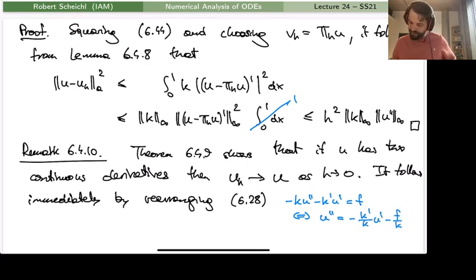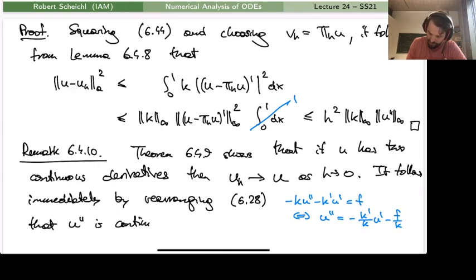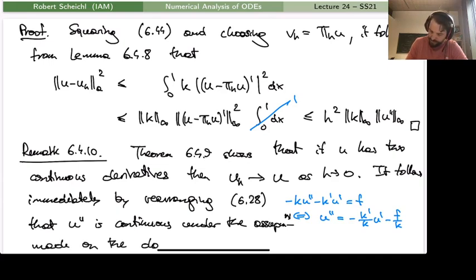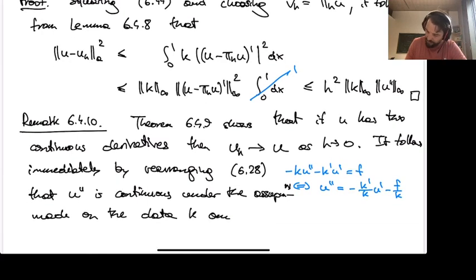And since k was strictly positive, and k primed and f were continuous, we know that u double prime is in fact continuous under the assumptions made on the data k and f at the start of section 6.4.